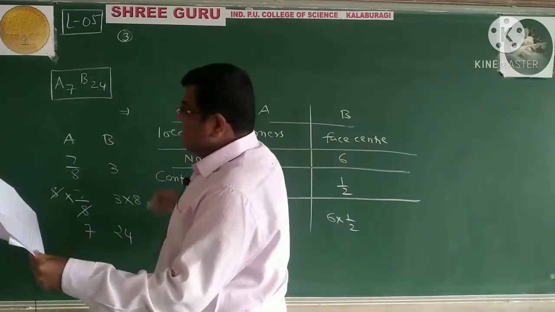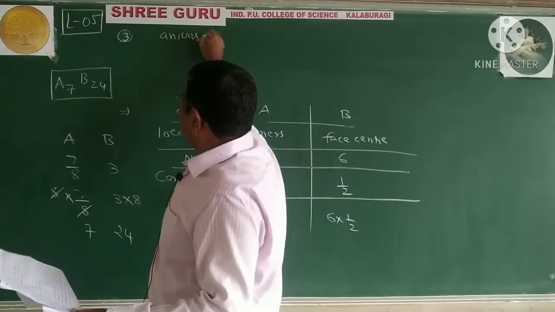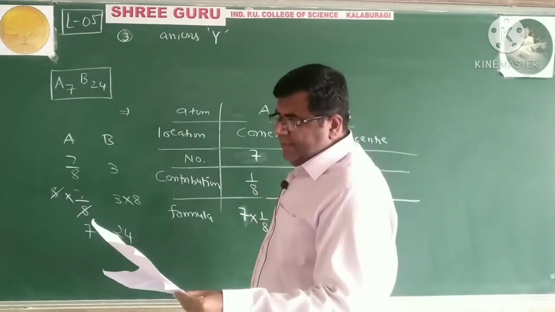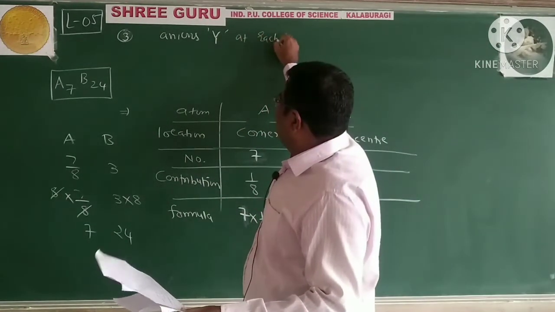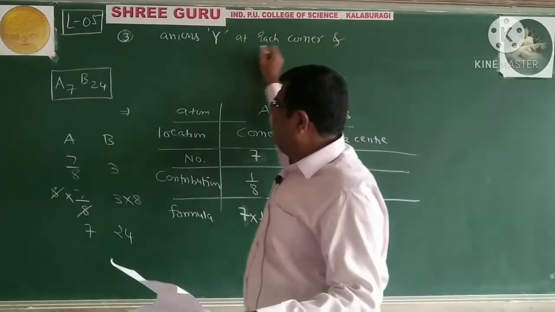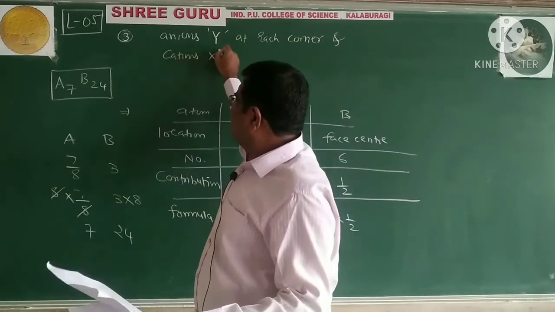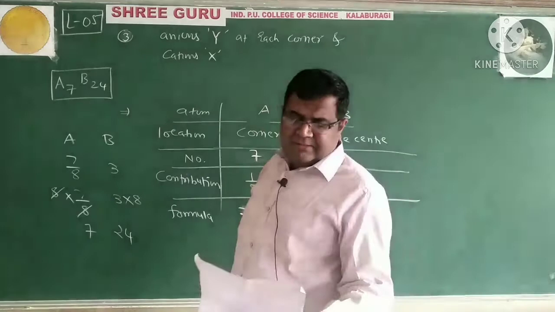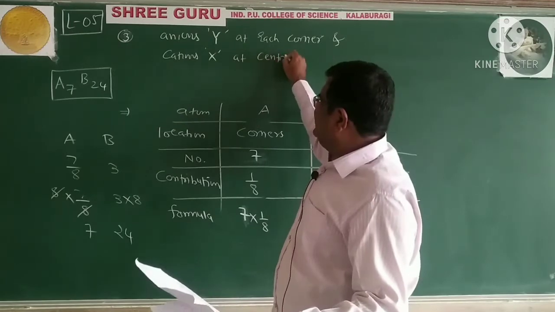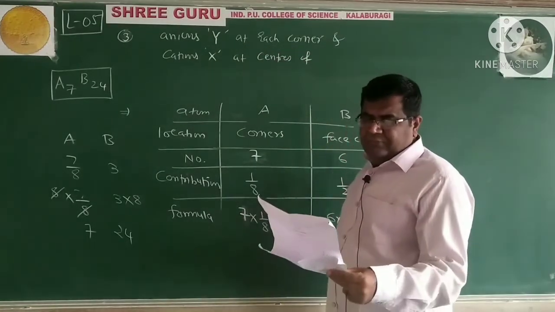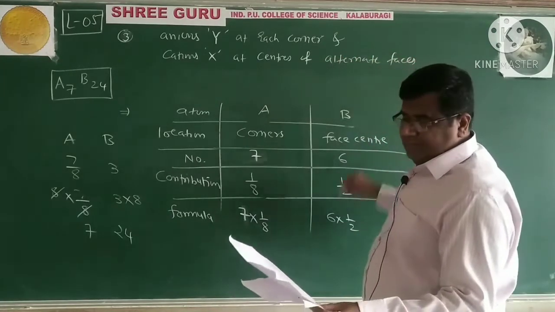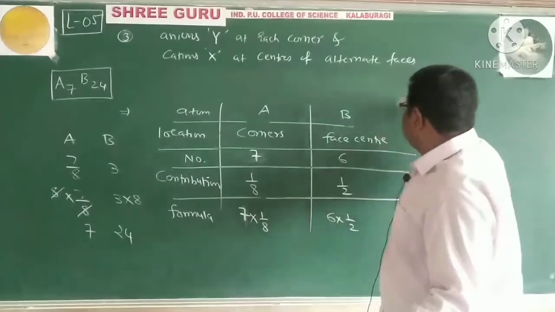Or they have said anions Y and cations X. It doesn't matter for us whether they are atoms or anions, our treatment should be the same. Anions Y at each corner and cations X at centers of alternate faces of the unit cell.